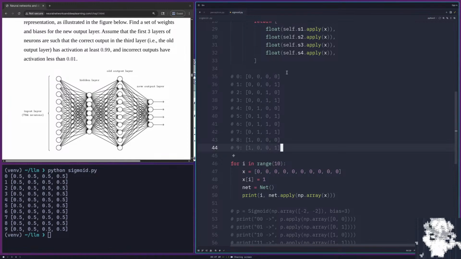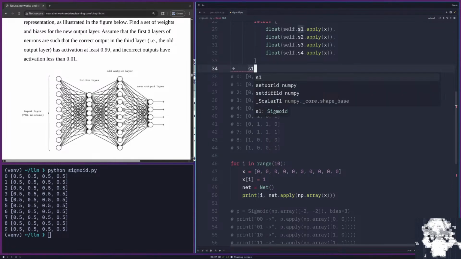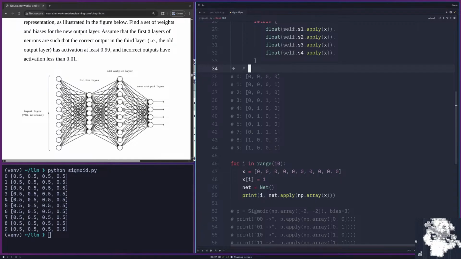So I guess for each bit I need to check, and this can be S1, S2, S3, S4. S1 should be 1 when my input is an 8 or a 9.